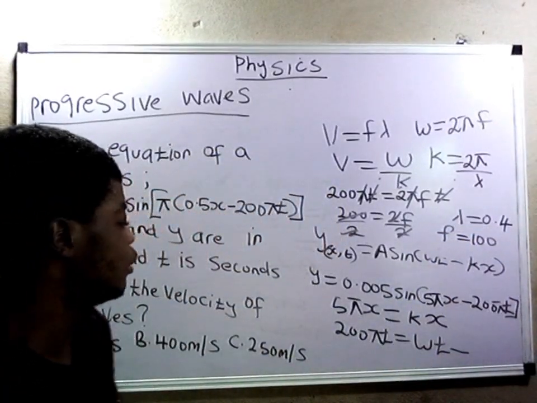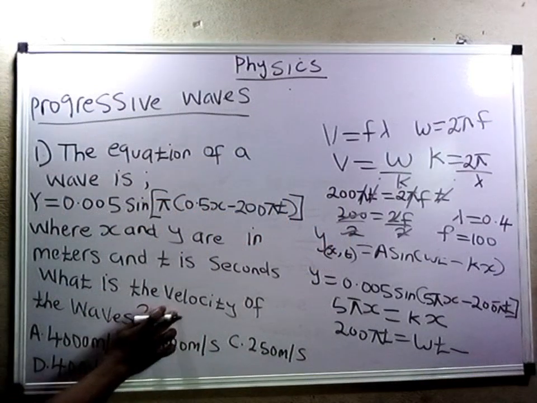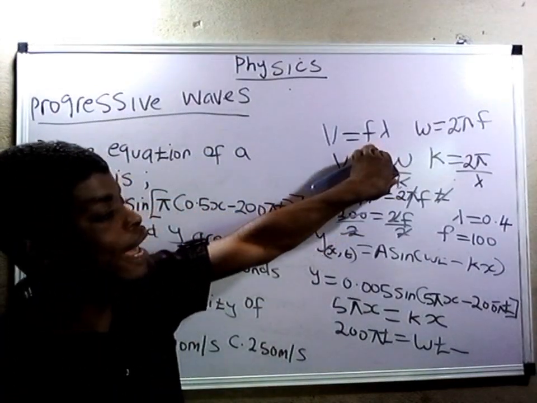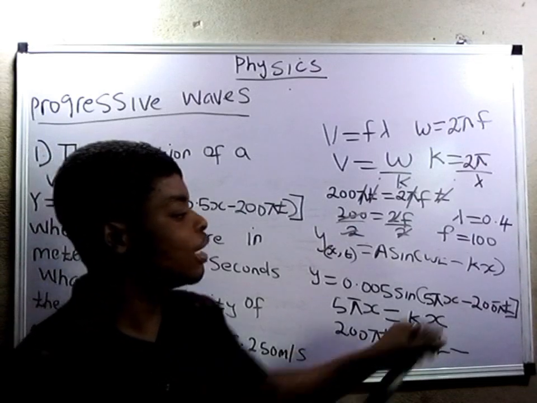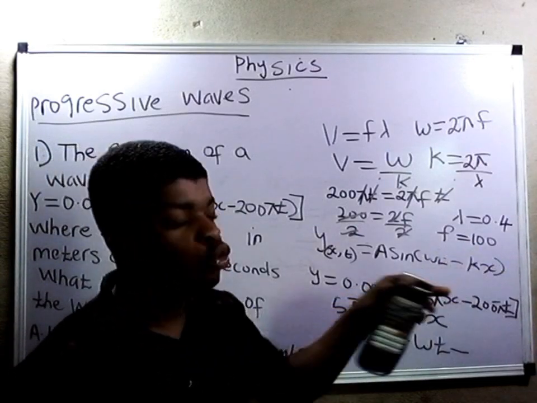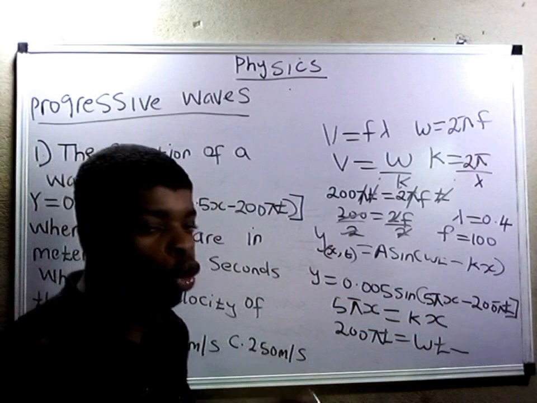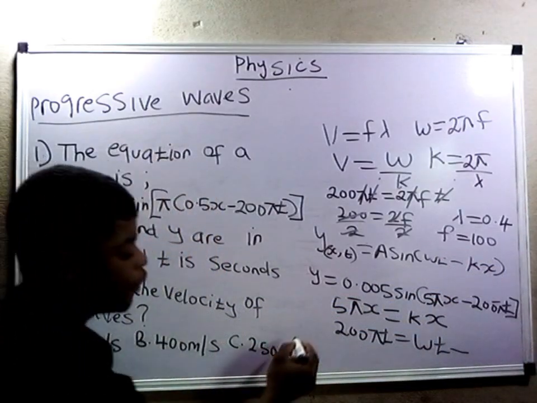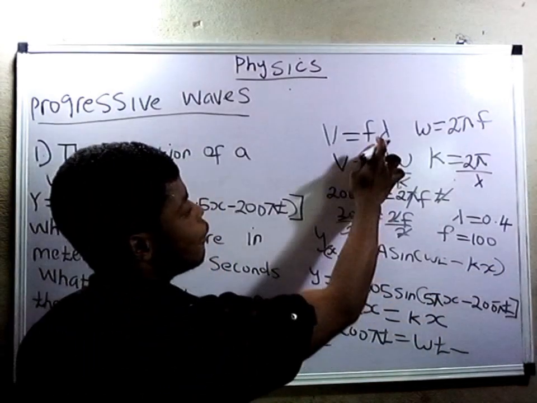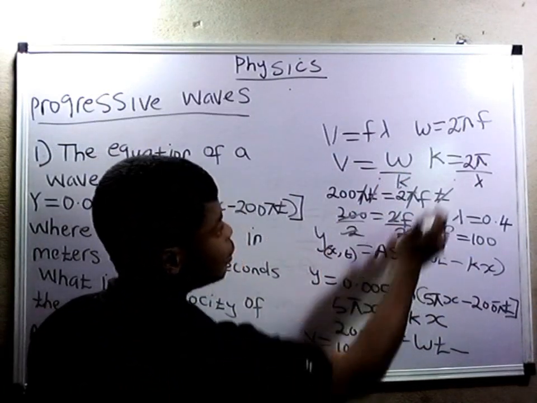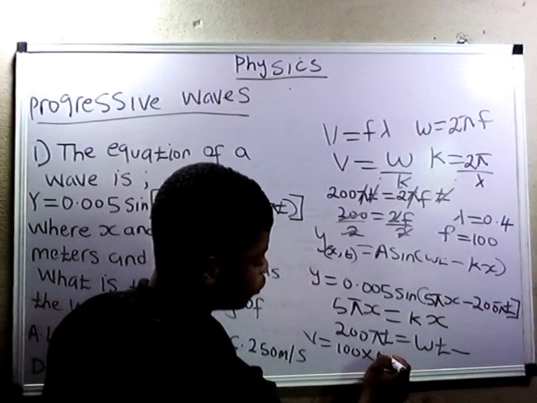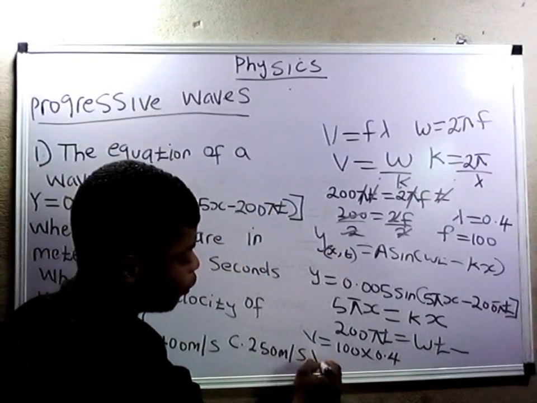So for us to get the velocity, the value for velocity is f lambda, which is frequency times lambda. Our solution goes like this: v equals frequency, 100, times lambda, 0.4.